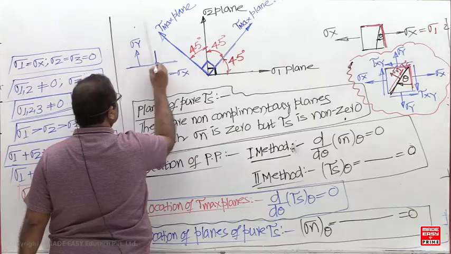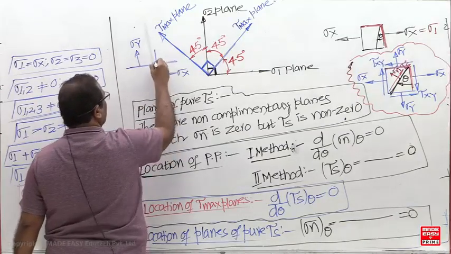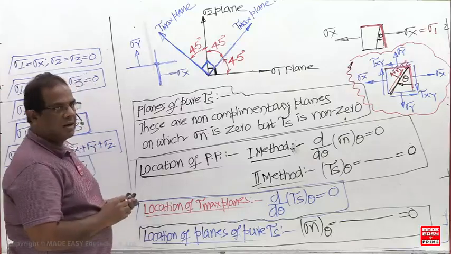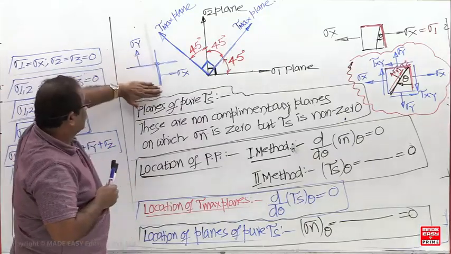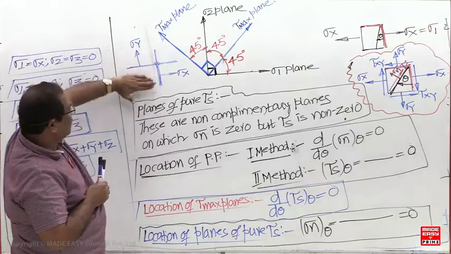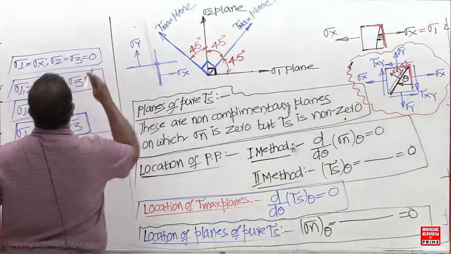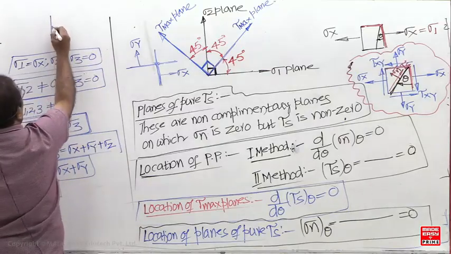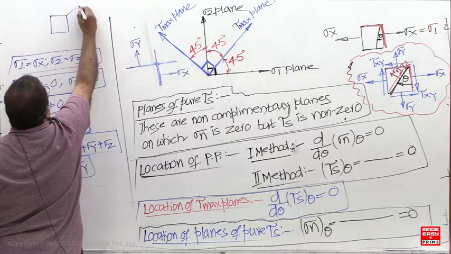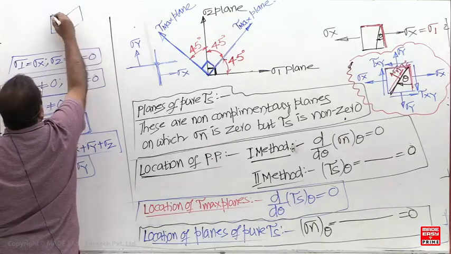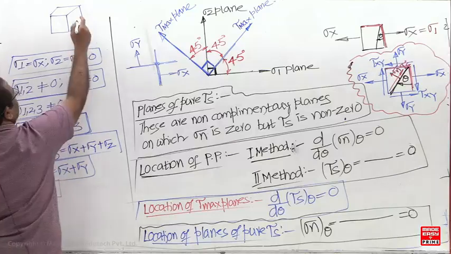All the planes should pass through a point, my dear friend. So this is one principal plane, this is one principal plane, and this is one more principal plane. The board is one more principal plane. So these are the three principal planes.